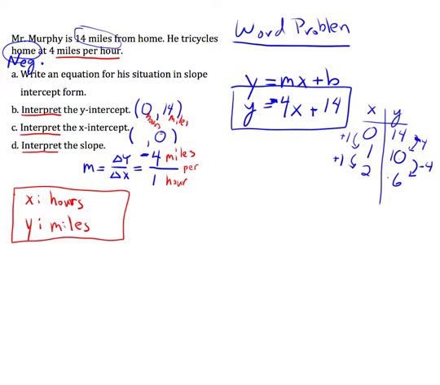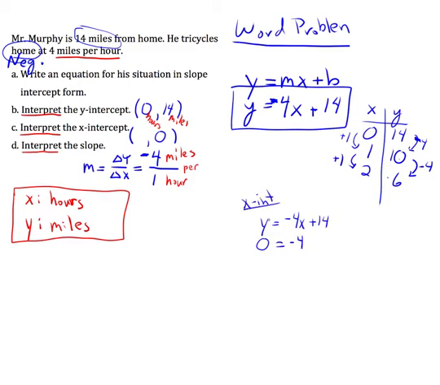So I'm going to just interpret, get the x-intercept. So now that I have my equation, y equals negative 4x plus 14, I notice that this y is 0. So I'm going to substitute that in for my y and calculate my x-intercept.